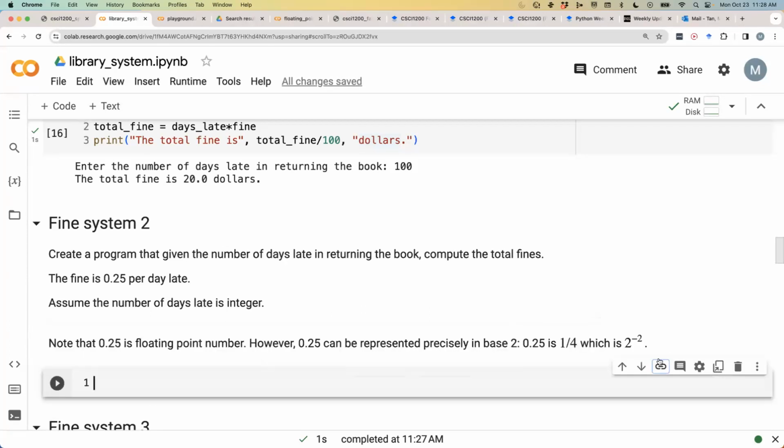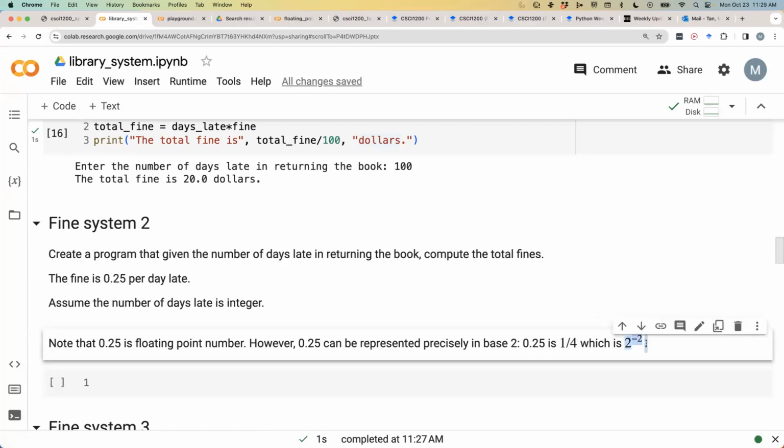Okay, so it can be represented by some powers of 2, or some linear combinations of powers of 2. All right, so we know 0.25 can be represented precisely in base 2. So when you store 0.25 as a floating point number, there will be no rounding error because it can be stored precisely.